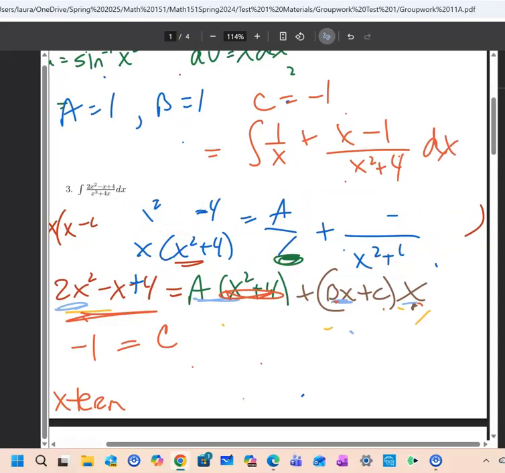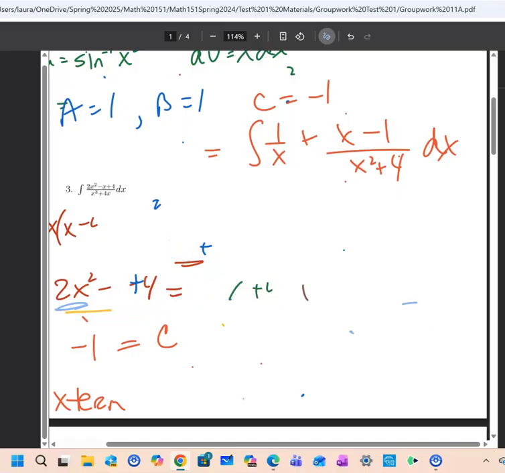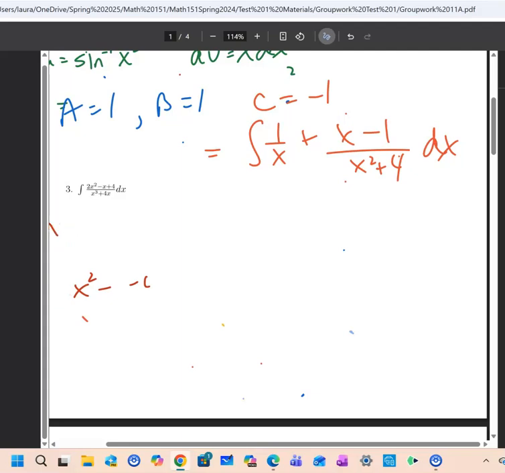Okay, so now I'm ready to take the antiderivative. So the first integral, 1 over x, you know that's ln of x, that's easy. The second one, you have to do that not very profound, but very important step of breaking up the integral around this subtraction here.